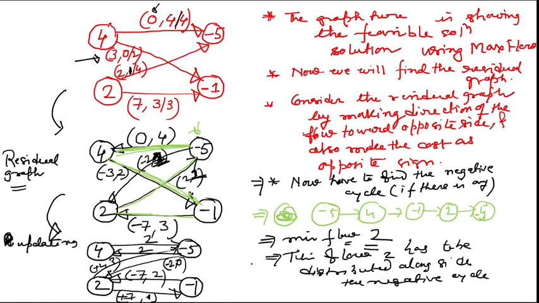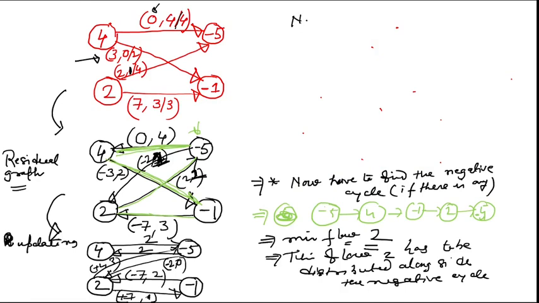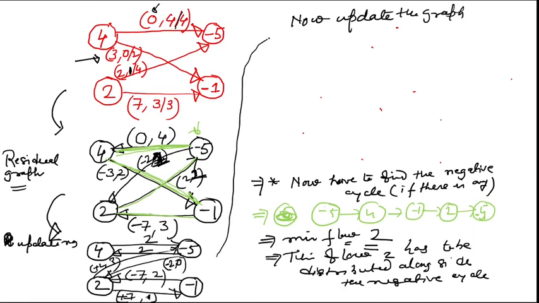Now what is the total cost? So now you have to update it. So let me see whether it works. So now update the graph. What did it look like? And this side it is minus 2 comma 0.